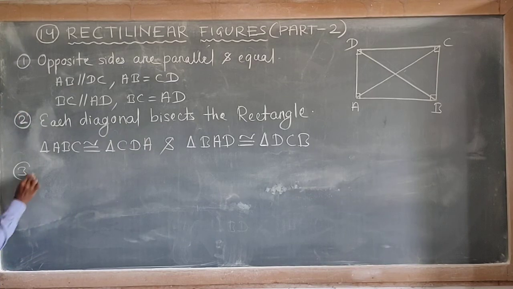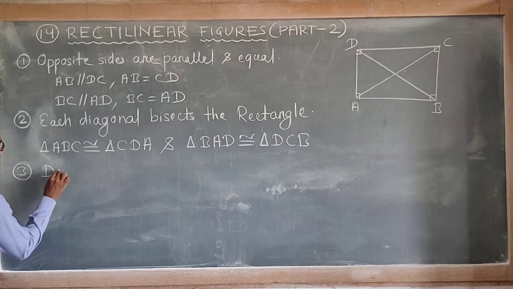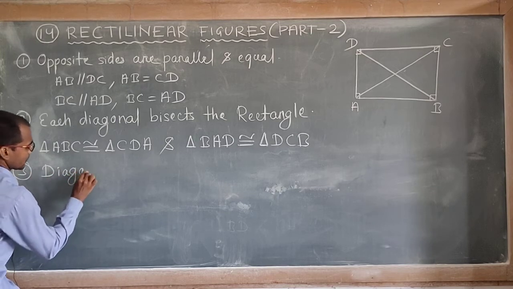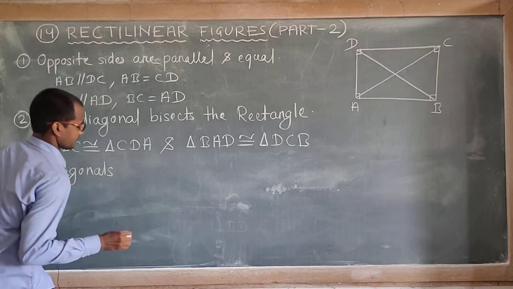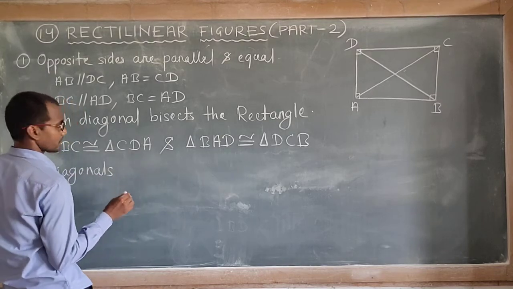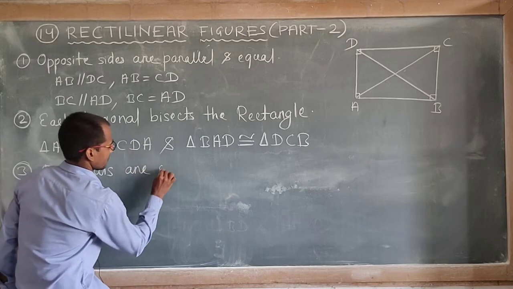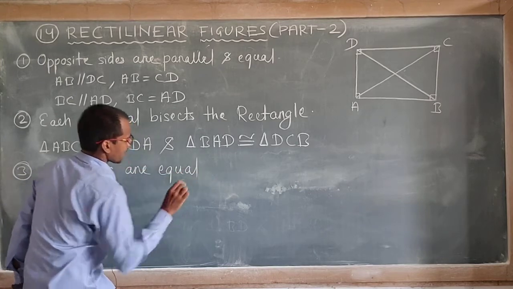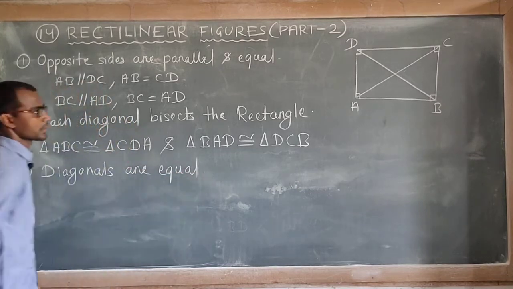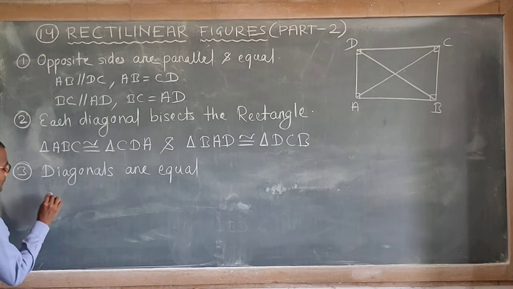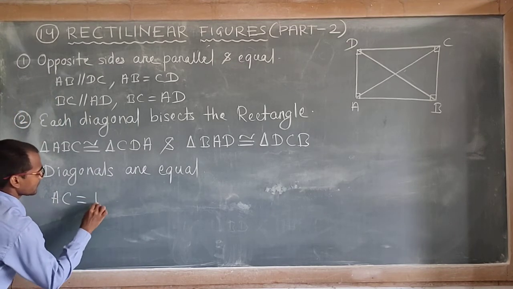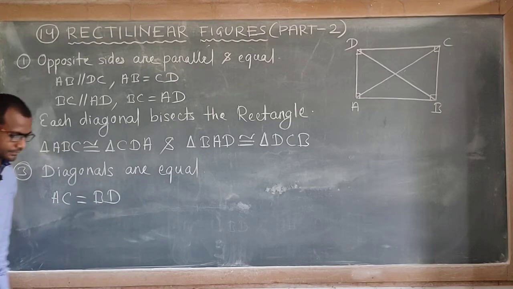Next, diagonals are equal. Okay, diagonals are equal. That means AC is equal to BD.